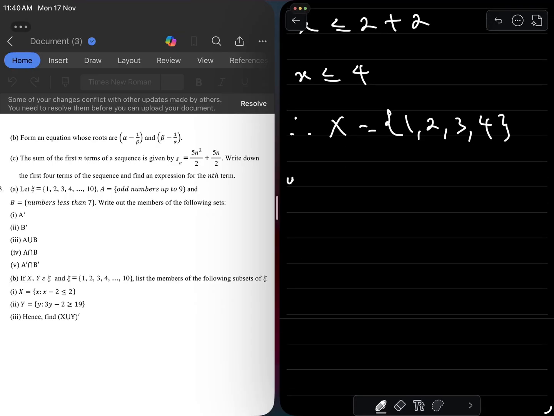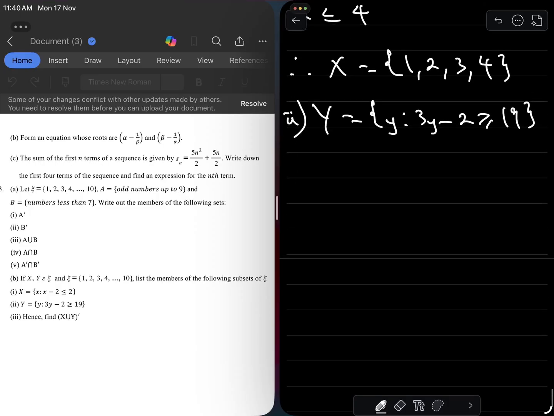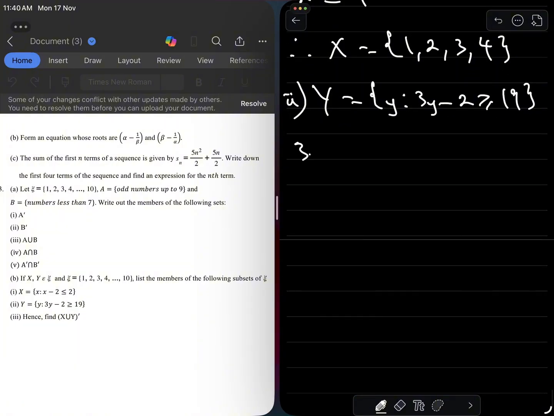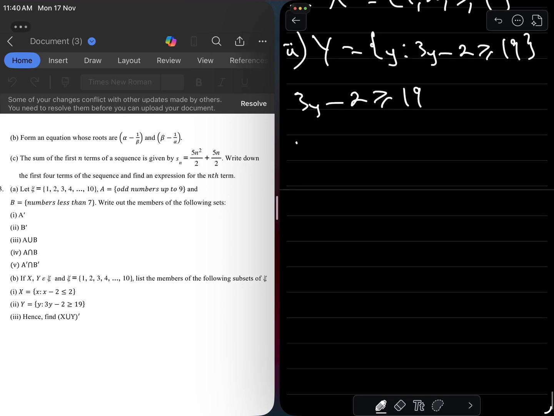Roman figure 2 says, the set Y has elements y such that 3y minus 2 is greater than or equal to 19. First of all, we solve this inequality. 3y minus 2 is greater than or equal to 19. That means 3y is greater than or equal to 19 plus 2.